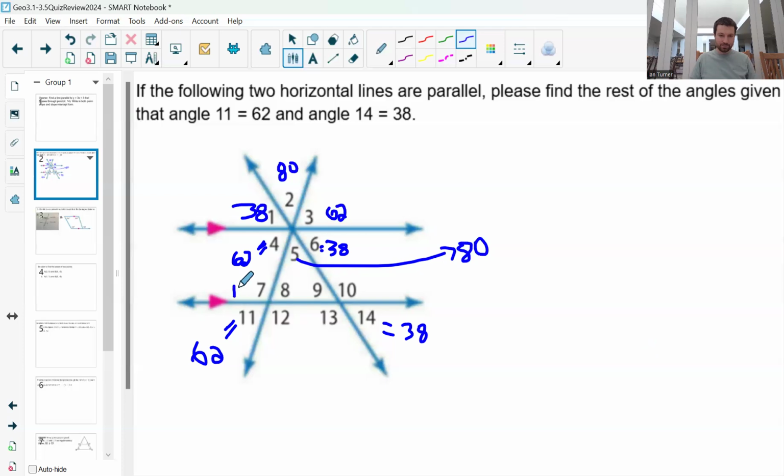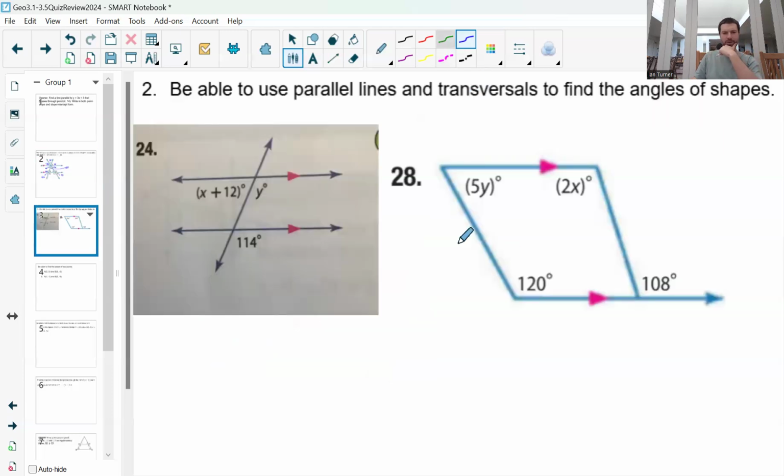Yeah, which works because 7 and 1 and 2 together are corresponding, and those add up to 118. So everything's coming together here, and you can just go through now and do vertical angles and linear pairs and find the rest of them. It's just getting that first couple in and being careful with the two transversals. Okay, let's move on here.